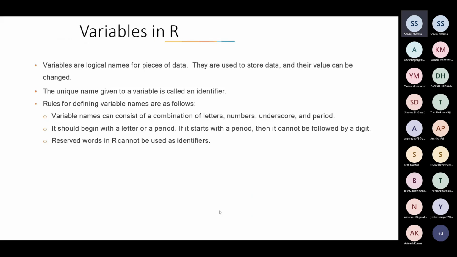Why do we assign any variable? Because we need to store that data in a particular place. And that variable contains the value that we have, or you can say the data that we have. And every variable has a unique name.